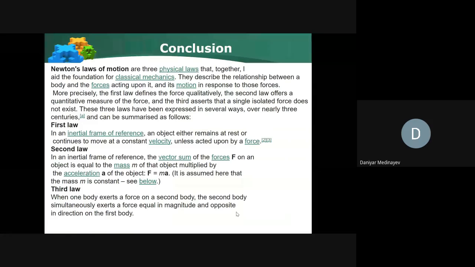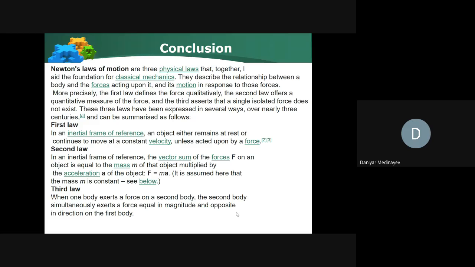So, in conclusion, I want to tell you about Newton's laws of motion. There are three physical laws: Newton's first, second, and third laws. They describe the relationship between a body and the forces acting upon it, and its motion in response to those forces.